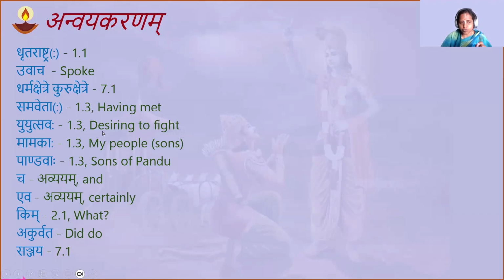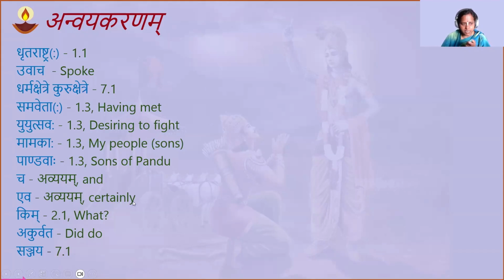Yuyutsavaha means desiring to fight, many people desiring to fight. Mamakaha means mama idam iti mamaka, my, related to me. So my people or sons, because it's plural. Pandavaha is sons of Pandu. Pandavasya apatyam puman, iti an pratyaya. So Pandavaha. Cha is avyayam, meaning and.